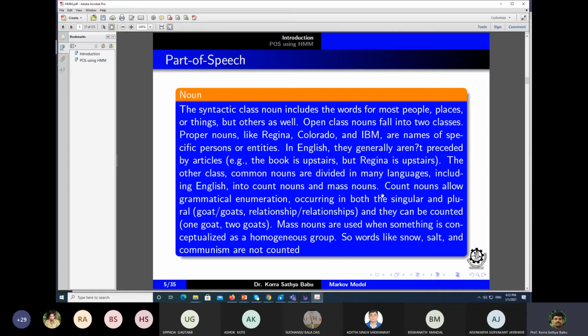In Korean, for example, the words corresponding to English adjectives act as a subclass of verbs. See, it depends upon the grammatical structure of a language. So in Korean there is no adjective. Adjective is a subclass of verb.